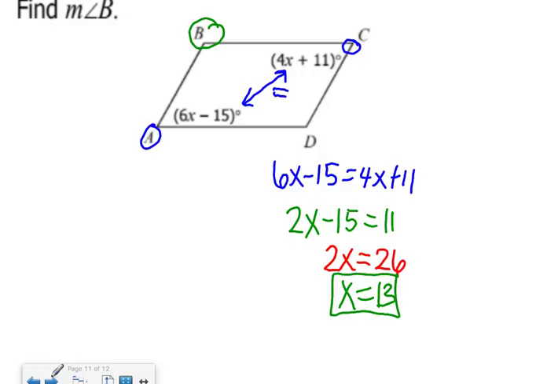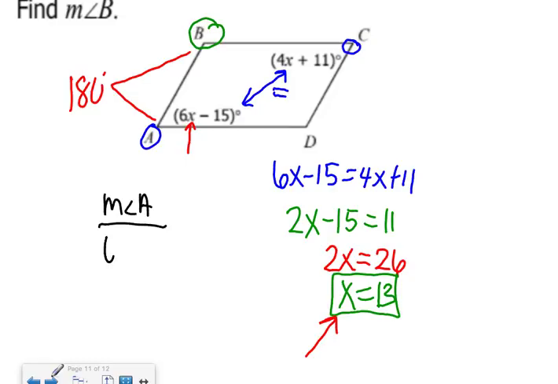But now how is that going to help me? So don't forget, kids, what do we know about consecutive angles in a parallelogram? They add to 180. Well, now that I know what x equals, I can plug in that 13 right there and figure out what the measure of angle A is. So I'm going to write the measure of angle A. So 6 times 13 minus 15. 6 times 13 is 78 minus 15.